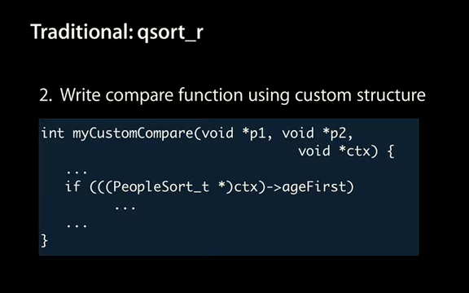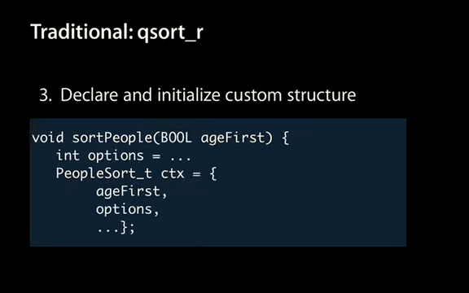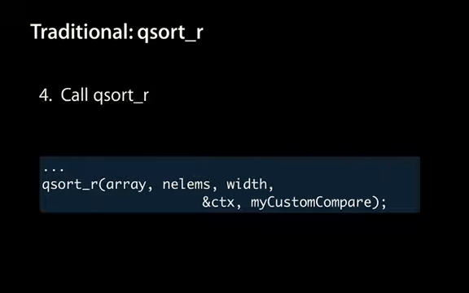You put lots of casts in and you ask, if it's age first, then of course I'm going to compare the age fields. The third thing you do is somewhere near where you're going to call qsort, you actually initialize this structure. You declare an instance of this structure, initialize it with the right parameters, and then finally, you get to call qsort r. Remembering which order, the context versus the callback, but you call it.